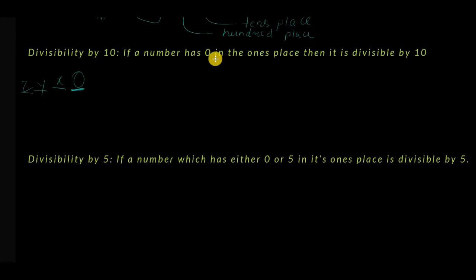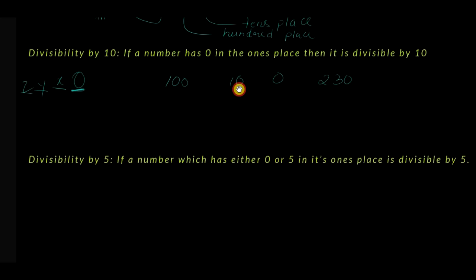So if a number has 0 in the ones place, then it is divisible by 10. Example, 100, 10, or 0 itself, right? 230 is still divisible by 10. It was easy, so let's move on.